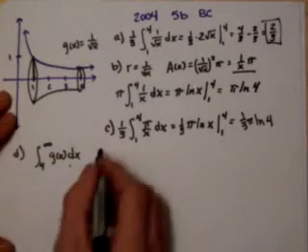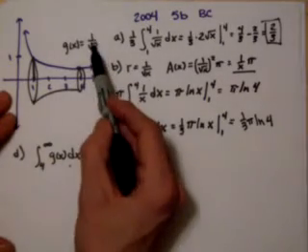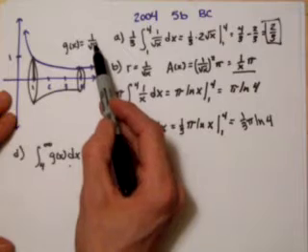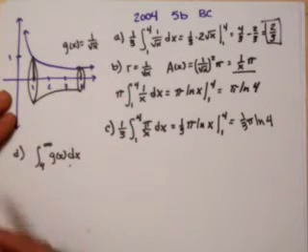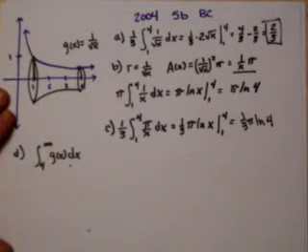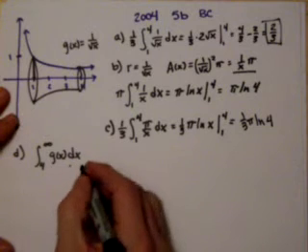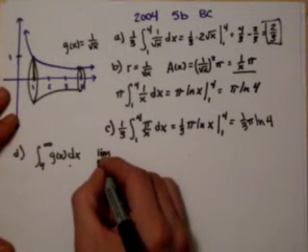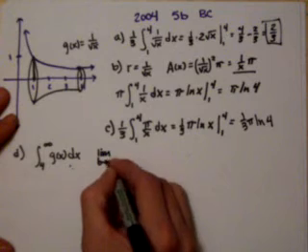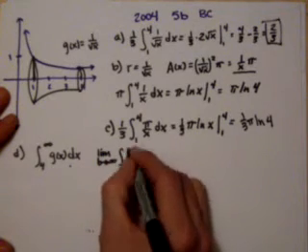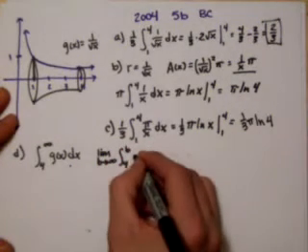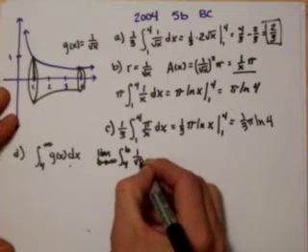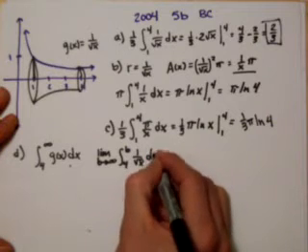Okay, and you might remember that since the function's 1 over x to the 1/2, essentially that's less than 1, so those functions diverge. But to show that, what we're going to do is we're going to go, it's equal to the limit as b goes to infinity of the integral from 4 to b of 1 over root x dx.